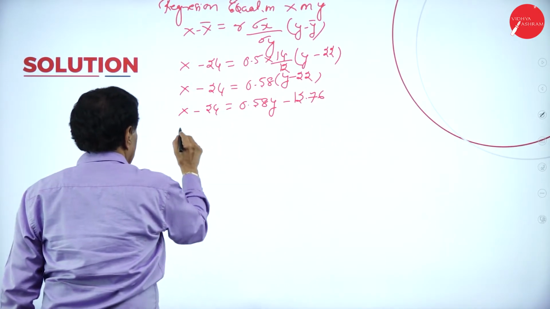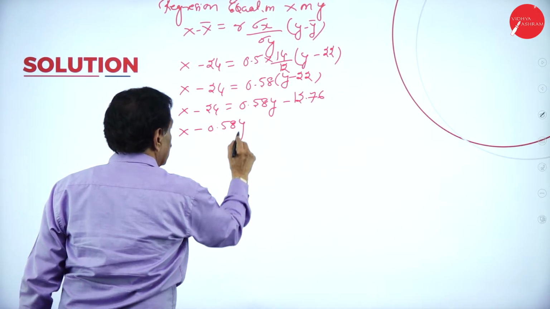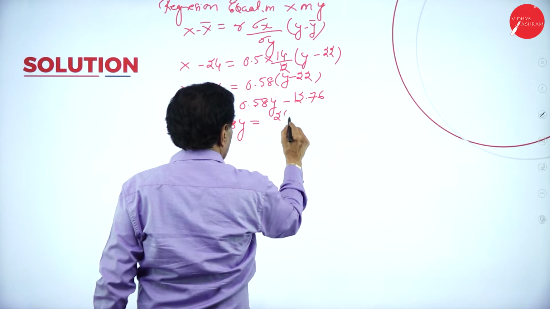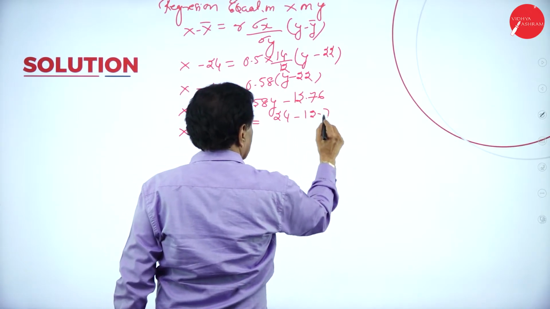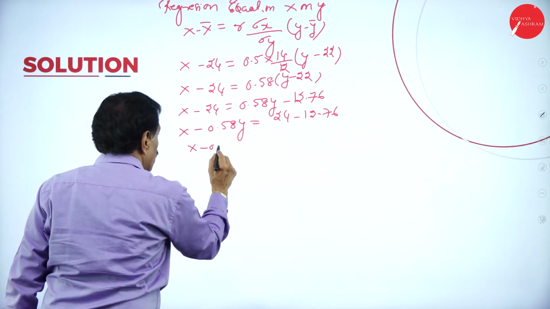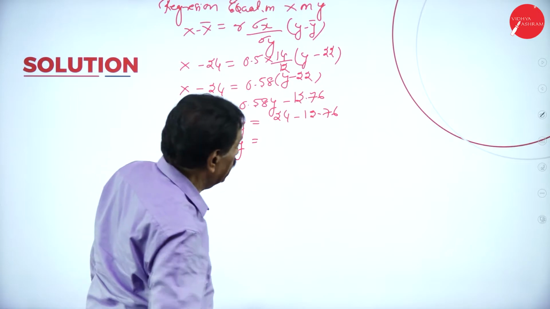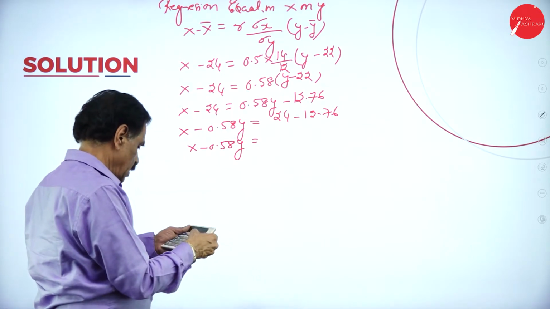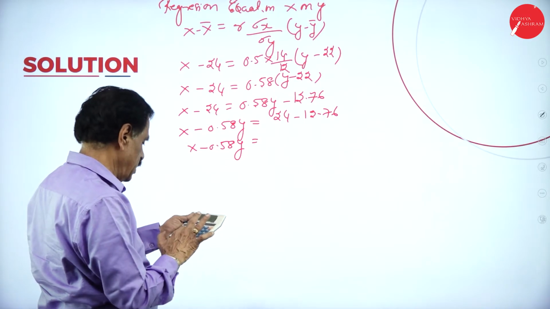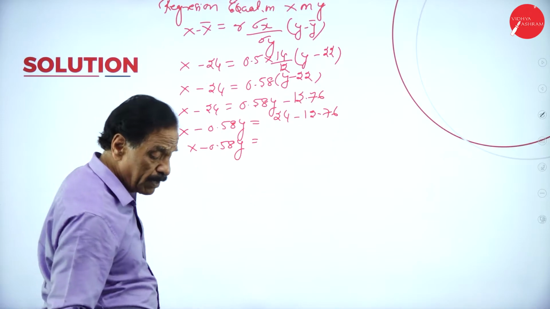Take the y here: x minus 0.58y. Minus 24 comes to that side, plus 24 minus 12.76. So x minus 0.58y equals 24 minus 12.76, that is 11.24.